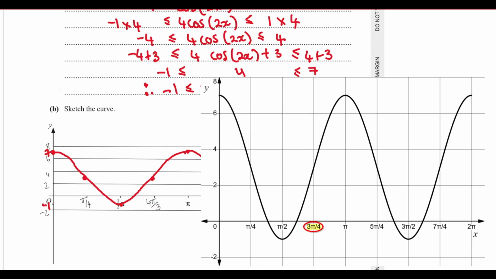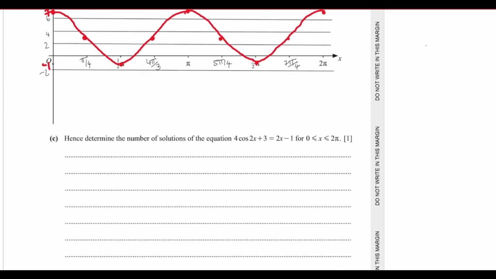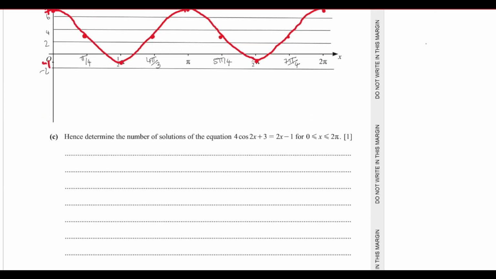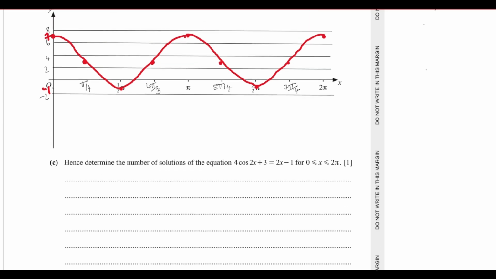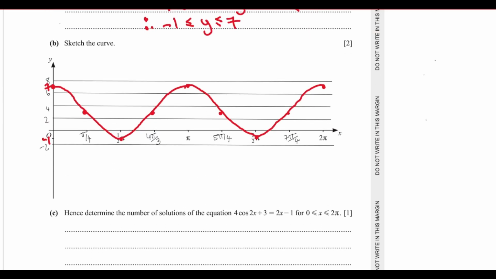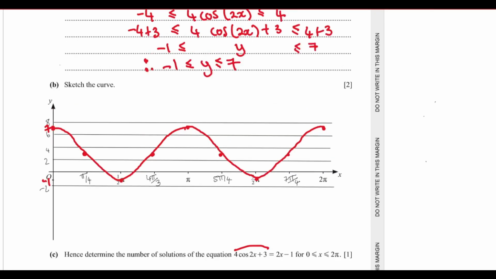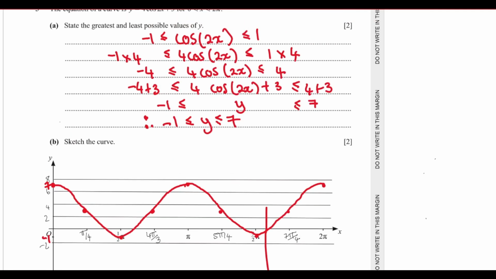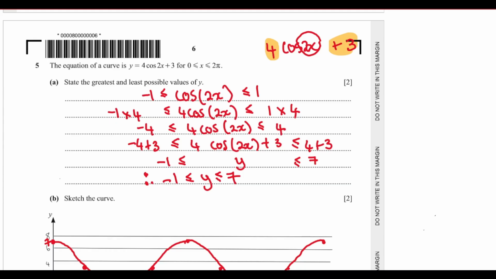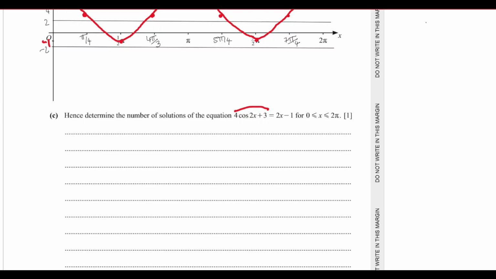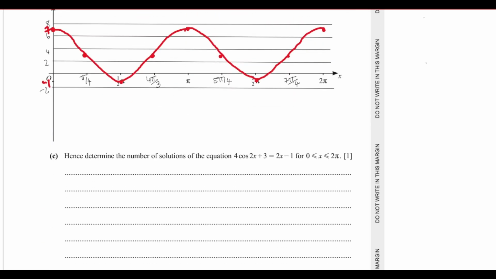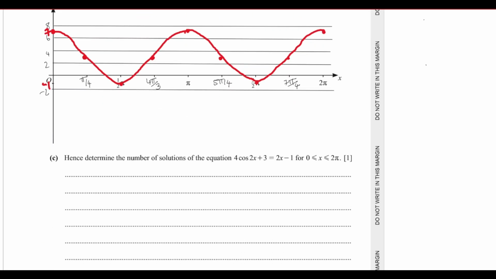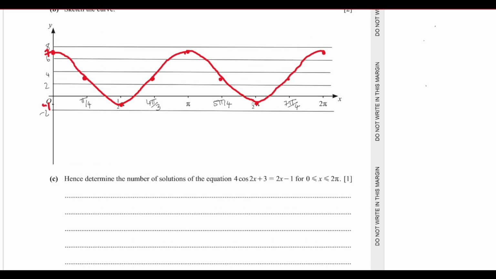Now in C, like I said before, they want you to find the number of solutions of that equation. That equation is just the cosine curve from question 5a, you can see over there, and it's been equated to another curve which is just a straight line. Now we can see the number of solutions. This is just 1 mark, so let's try to be quick.